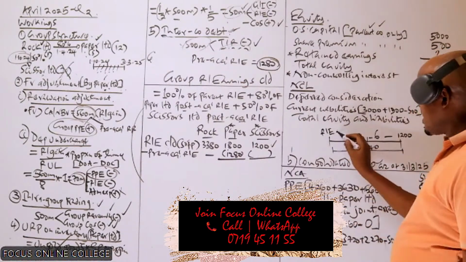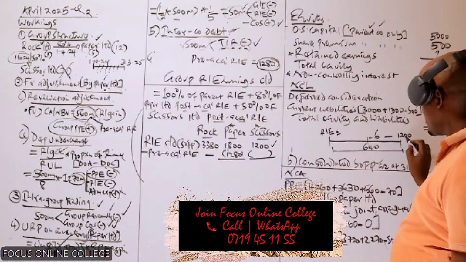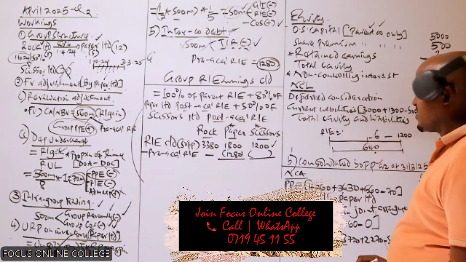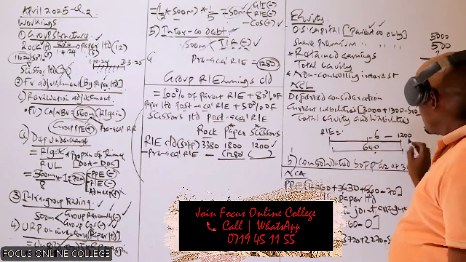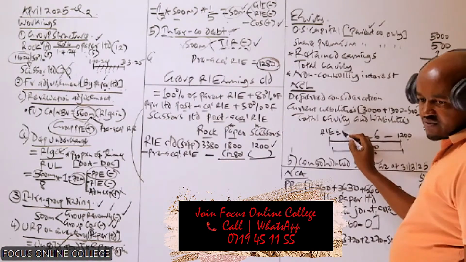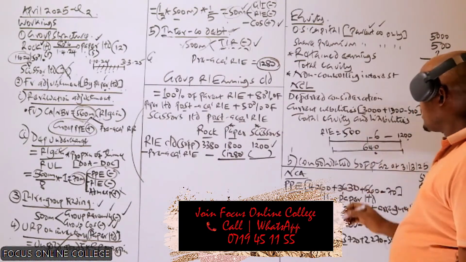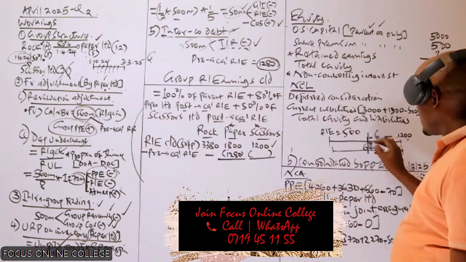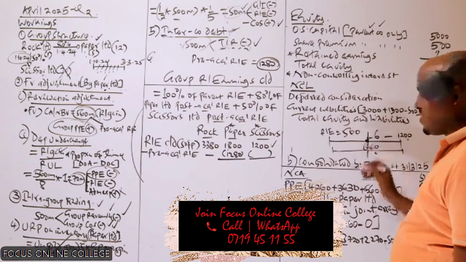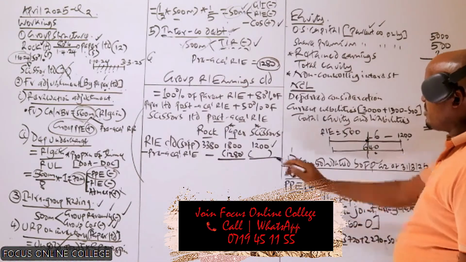So can we first get the retained earnings at the start of the year? To get the retained earnings at the start, we take this minus this, which gives us 560. Can we get the retained earnings of Scissors on the date it was acquired, just like how we computed this?